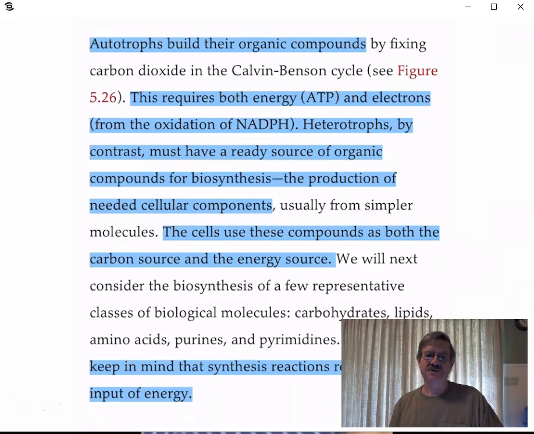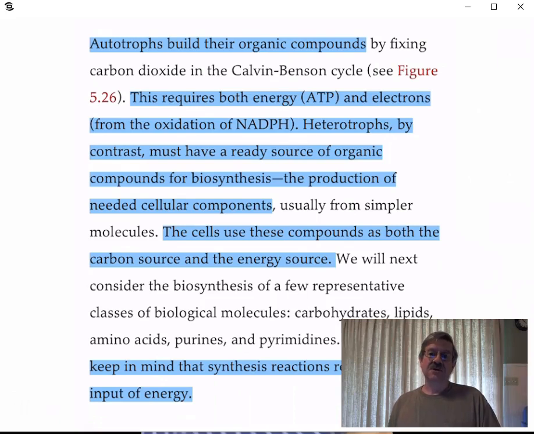Now, biosynthesis: if you synthesize something, you are making something. And of course, bio refers to a living organism. So, in other words, for that plant, for that photosynthetic bacteria to be able to make organic molecules, it has to take sunlight, convert that sunlight into energy that is contained in ATP and energy associated with this hydrogen carrier, NADPH.